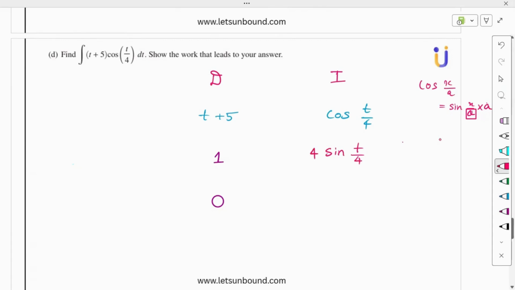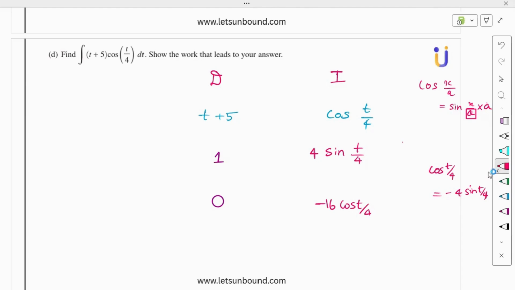Then the integral of sine t by 4 is negative cos t by 4, and this 4 is already there, times the reciprocal of 1 by 4, which is 4. So totally it's 4 times 4, which is 16, and negative. I can write it as negative 16 cos t by 4. Cos t by 4 differentiation is negative 4 sine t by 4. Once we got a 0, we will stop.